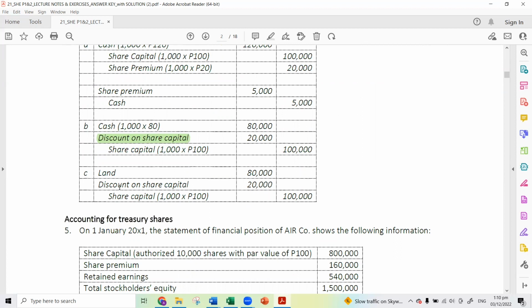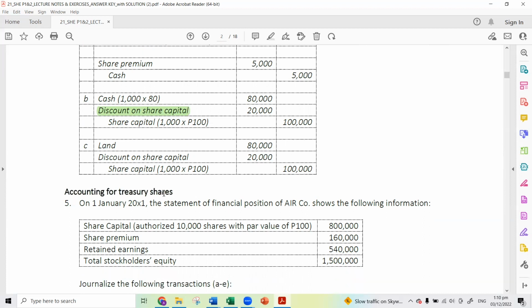The shareholder concerned. Okay? But that should be presented in financial statements as a contra equity account. Meron kasing rule, ang sabi, issuing shares below par or stated value is prohibited on the original issuance. No? On the original issuance. Okay? So, yan yung concept ng discount on share capital.